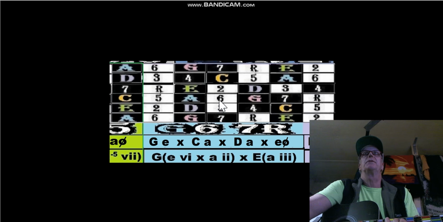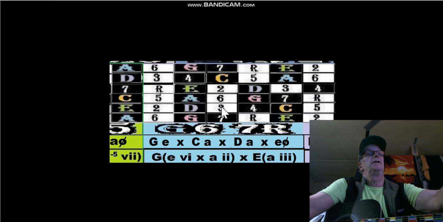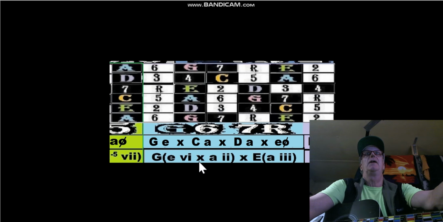So that's 3, 6 root right there. That's an E minor shaped A minor in the key of C, 3, 6 root. We have in the G box still an A minor shaped 2nd, 6, 2, 4.